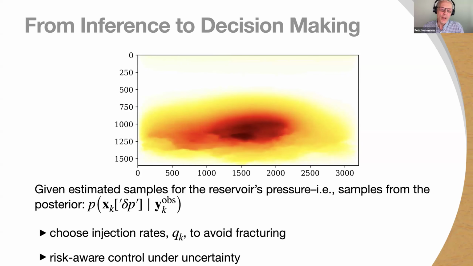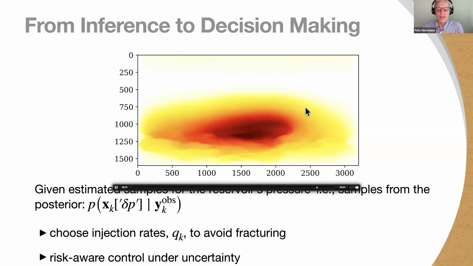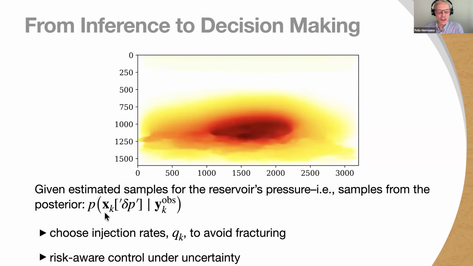So what we have now at a particular time step are samples of the posterior conditioned on the observations for the pressure, right? And so we have x_k of delta p. This is a change in the pressure that is conditioned on the observations at time k. And what we want to do now is choose an injectivity such that at the future time steps, we don't exceed a fracture pressure.